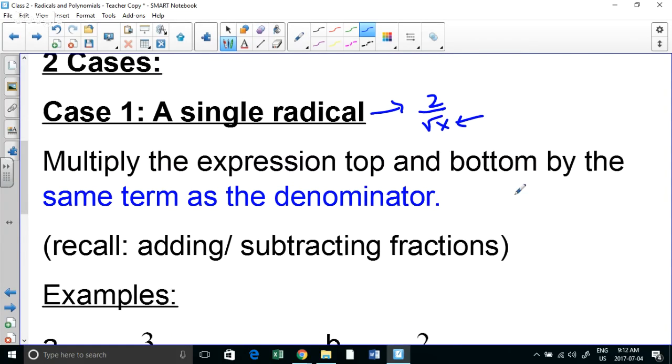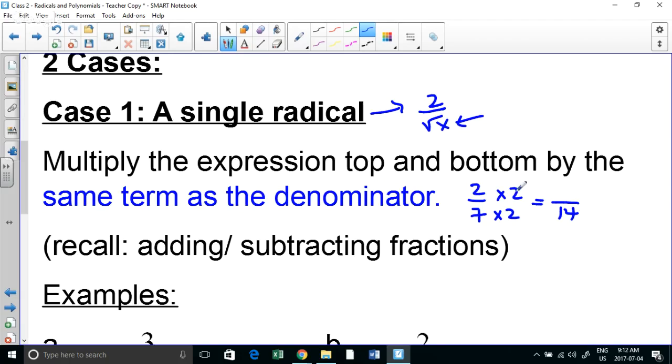Remember what we would do with fractions. If you wanted to add or subtract a fraction, you needed to get a common denominator. So you multiplied the top and the bottom by 2.